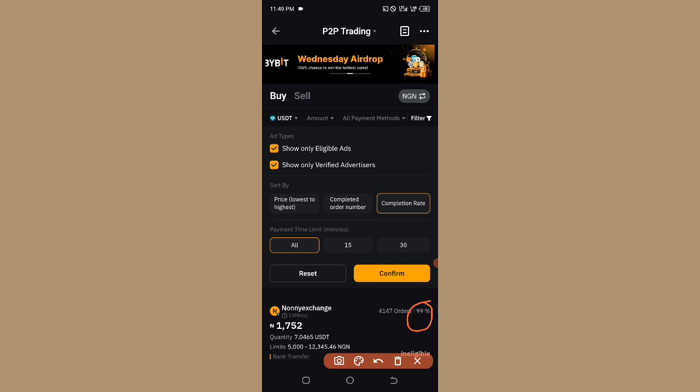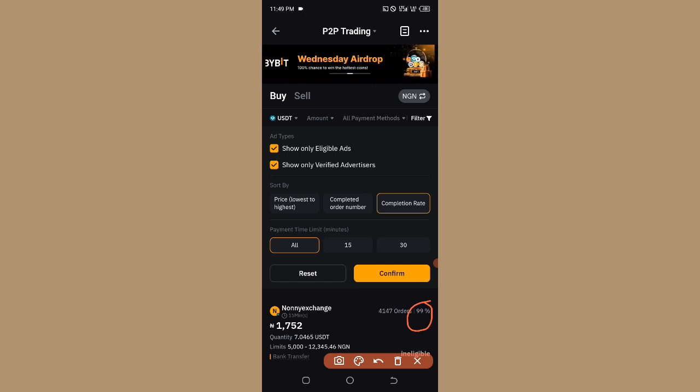So this completion rate is good. 99% out of 100 is good. If you want to trade, I advise you to trade with somebody that has up to 90% completion rate, from 90 to 100% completion rate. So you look at completion time limit.